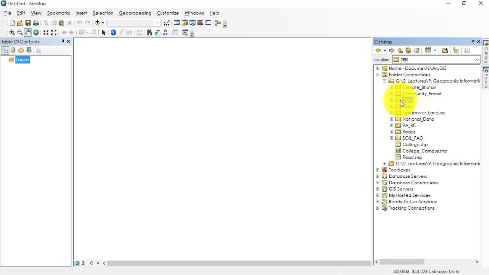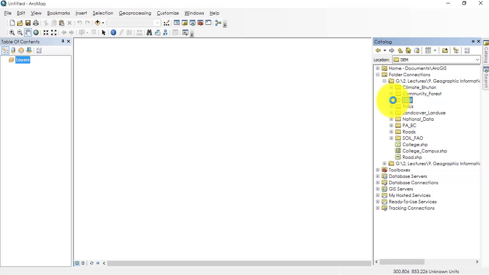We have raster data in the form of DEM, and the rest we have in vector format. However, we can also convert the rest of the vector format into raster using a tool. For now, let's look at those data which are actually in raster.